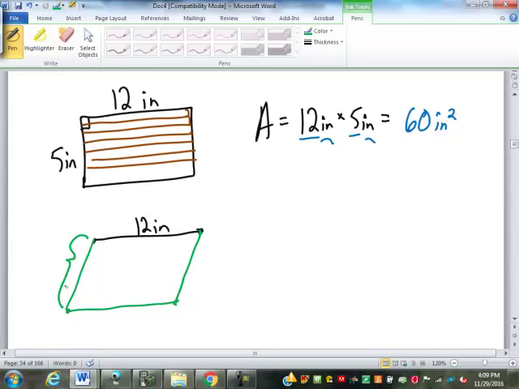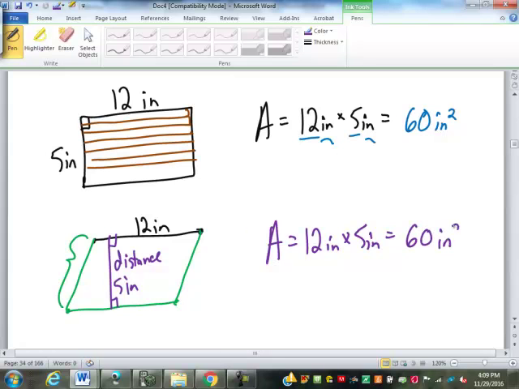What matters, just like we said, is the distance from where it started to where we stopped. That distance is from here to here. Distance is always measured at a perpendicular. Well, if that distance is still 5 inches, the area of this is still just 12 inches by 5 inches, or 60 inches squared.